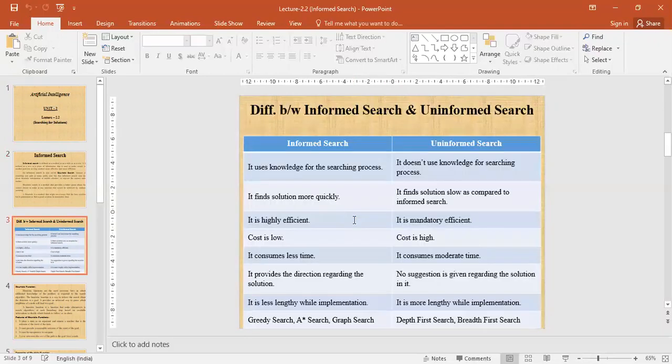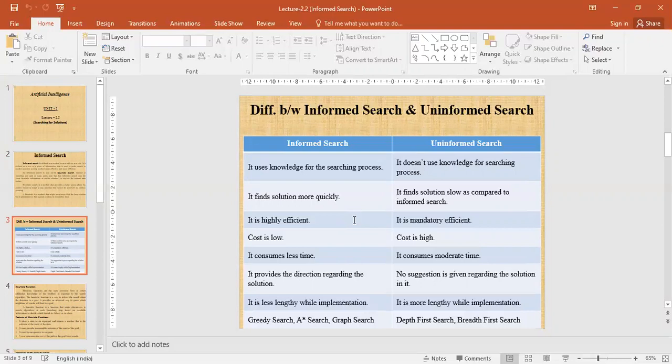Now, what is the difference between informed search and uninformed search? Informed search uses knowledge for the searching process, and uninformed search does not use knowledge for the searching process. Informed search finds solutions more quickly.